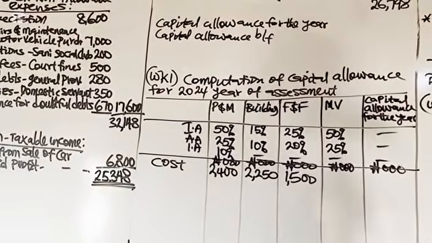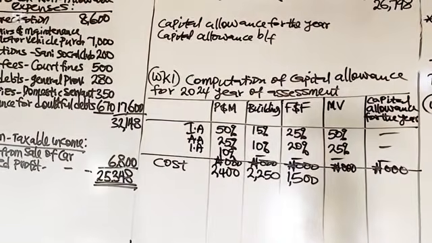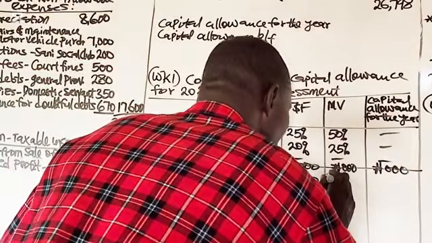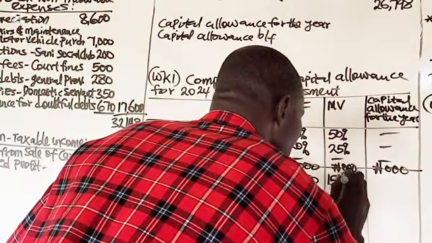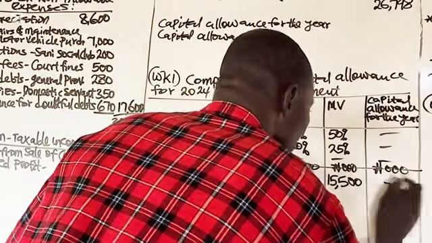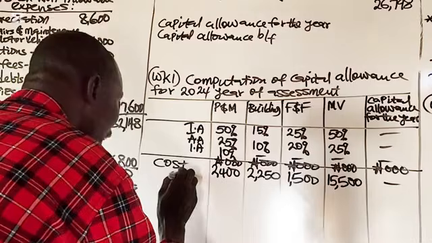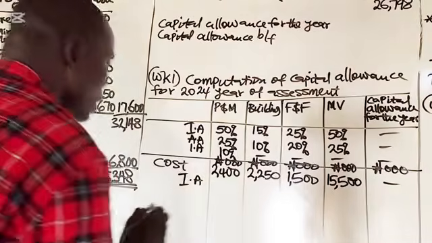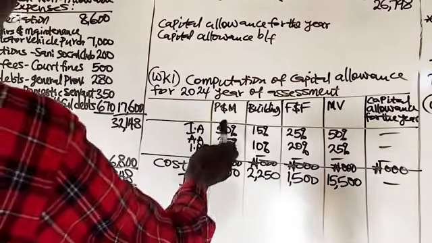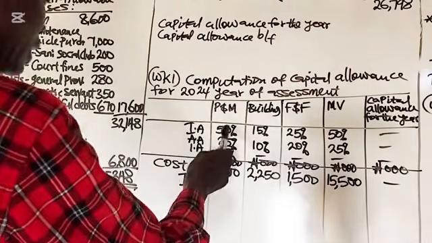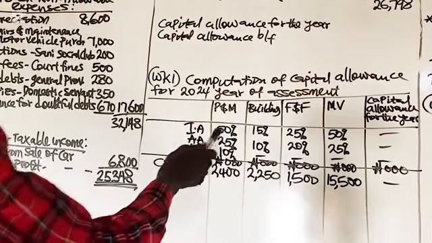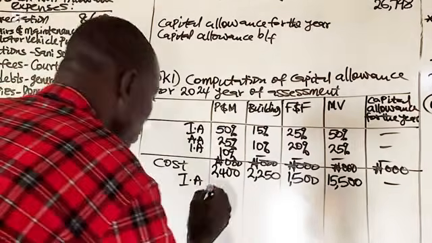for 2024 year of assessment. We have motor vehicle of 15.5 million. So we have initial allowance. Initial allowance is usually calculated on cost. Just apply the rate on the cost. 50% of 2.4 million, that will be 1.2 million.